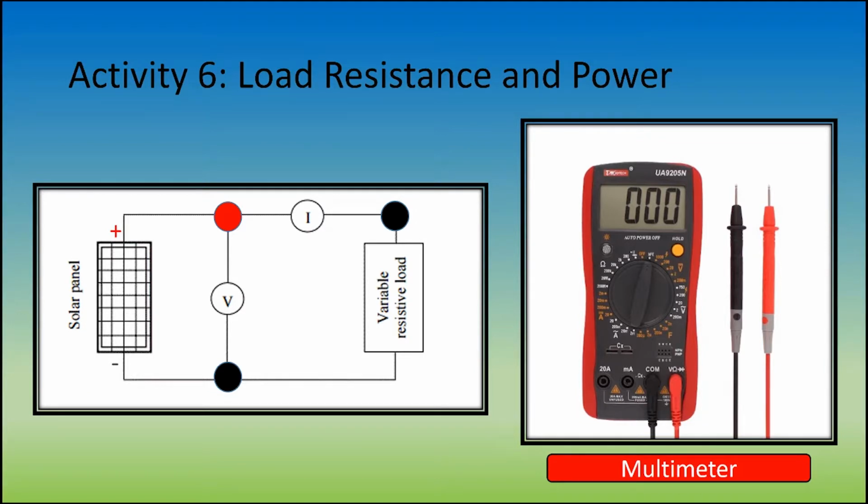You will be touching the red prong to the circuit between the positive terminal of the solar panel and resistor for finding both the voltage and current. When measuring voltage, the black prong will touch between the negative terminal of the solar panel and the resistor. Lastly, in order to find the current, all you have to do is move the black prong to touch the wire between the red prong and the resistor.